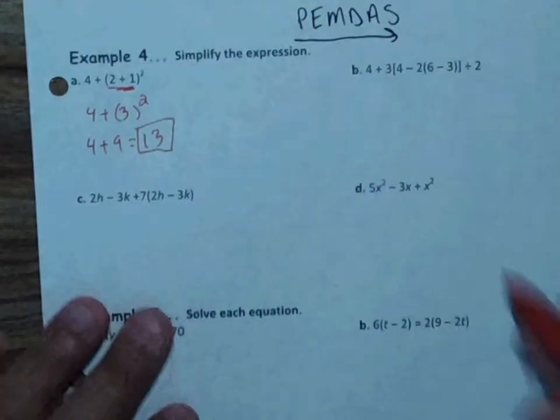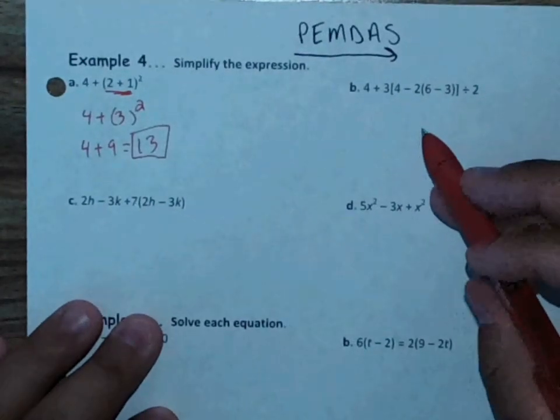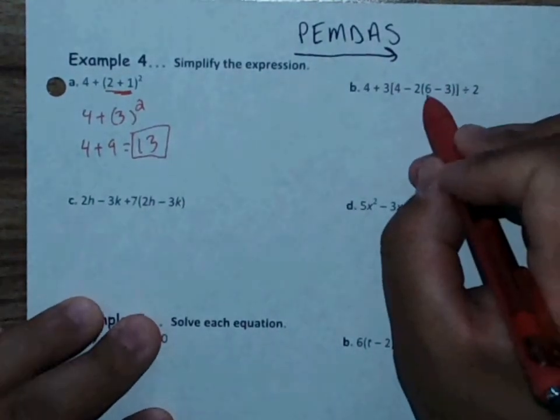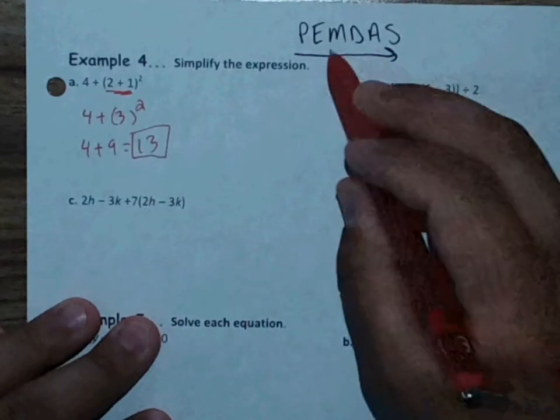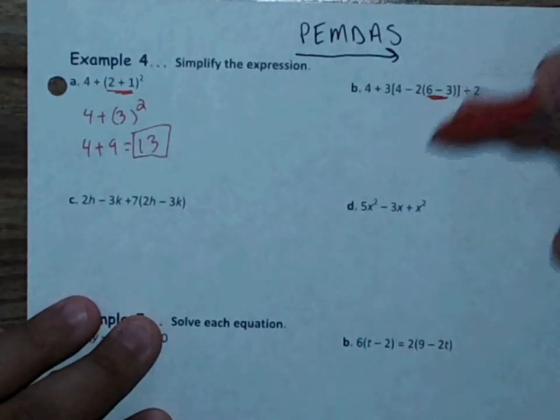B looks a little tricky, but I like to think about it as, hey, we start from the inside of our parentheses if we're using PEMDAS, and then work our way outside from there.